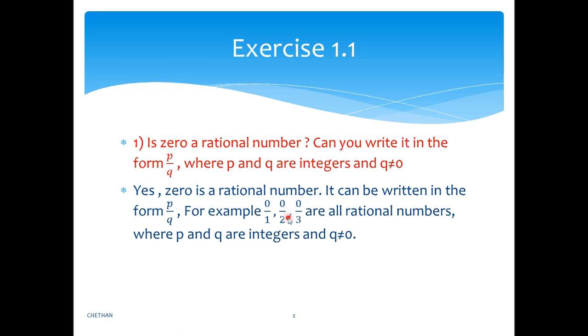So 0 can be written in the form of a fraction, that means in the form of p by q, where p and q are integers and q not equal to 0. Here the denominator is not 0. That means this 0 can be written in the form of p by q.